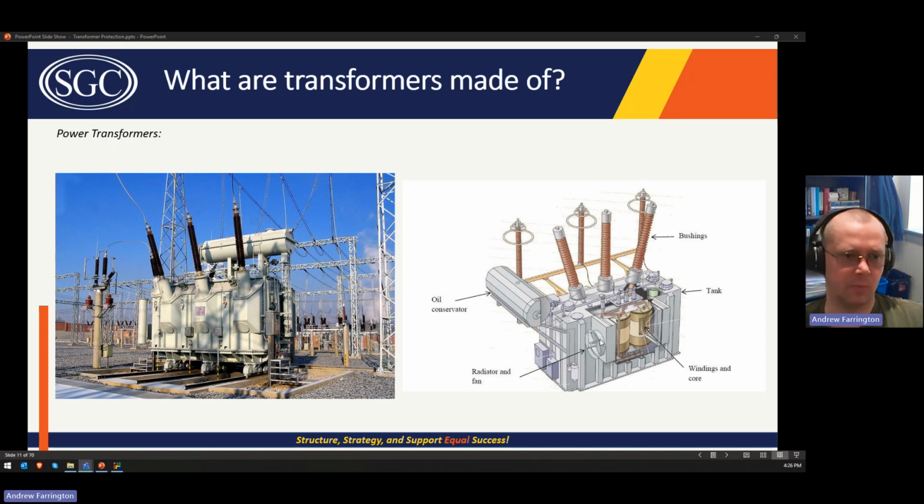Fans are the most common. They'll have radiators that allow the oil to circulate through there and dissipate the heat off into the atmosphere. And then you'll have fans that'll help cool down the oil. And then there's also forced oil, where they actually pump the oil around through the radiators and the fans.